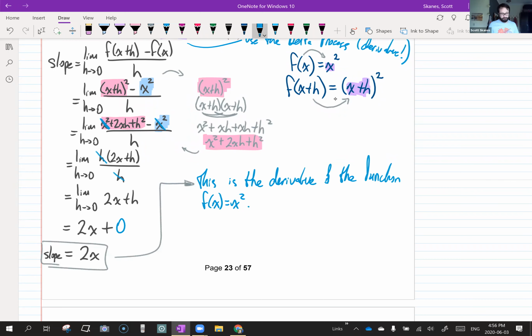What it does is we can put any x value into it, and it will give us the slope of that original function at any point. It's super powerful. It is the fundamental concept of calculus. So it can give us the slope of the tangent line at any x value.